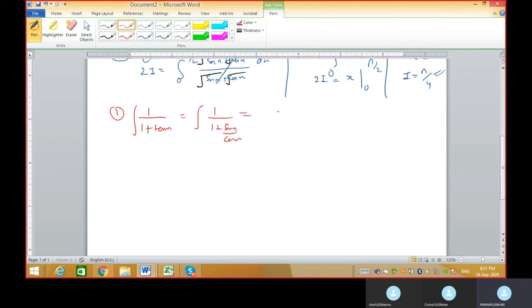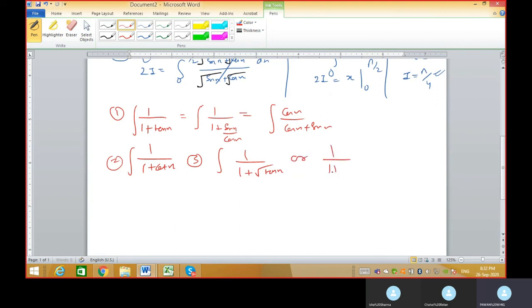You come up with the same question: cos x upon cos x plus sin x. And in the same way, 1 upon 1 plus cot x, it may be asked to you. And another question, the third question, I'll give you like 1 upon 1 plus root tan x, or 1 upon 1 plus root cot x. These all are in the same category of questions.